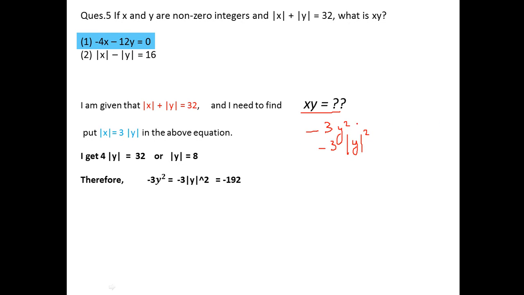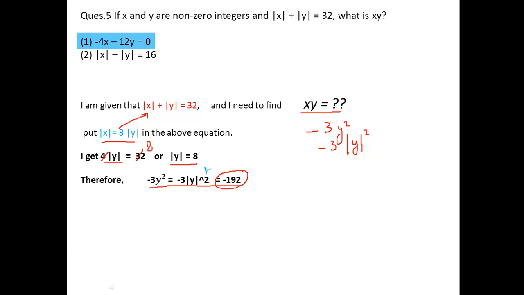Now I put |x| is equal to 3|y| in the given equation |x| plus |y| is equal to 32. I get 3|y| plus |y|, that is 4|y|, so I get |y| is equal to 8 by cancelling out this 4. Alright. So clearly minus 3y² is equal to minus 3|y|², and that is minus 192.